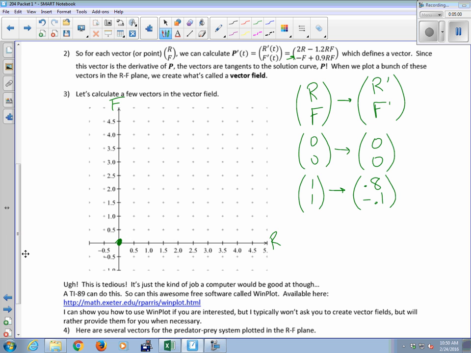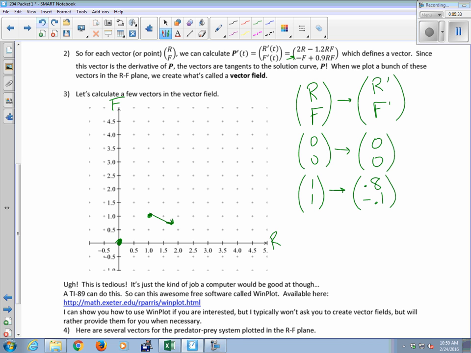So at the point 1, 1 in my phase plane, I'm going to draw a vector, 0.8 in the r direction, negative 0.1 in the f direction. So I go almost 1 in the r direction, a teeny little bit in the downwards direction for f, something like that. That did not come out right. So hard to be super accurate, but it's good enough.